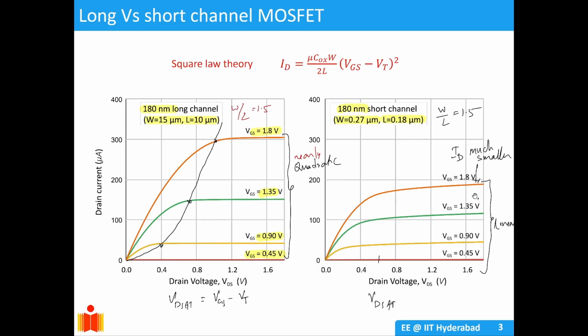You can also see the saturation current is now much less constant. And VD sat, which equals VGS minus VT, is also no longer quadratic.